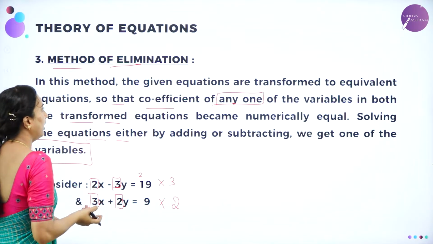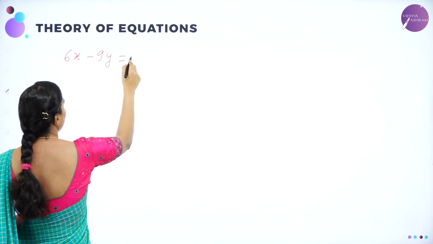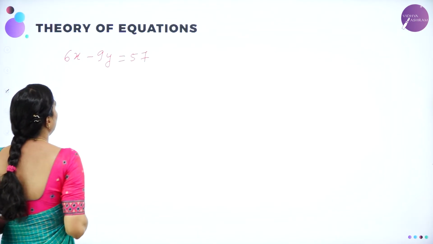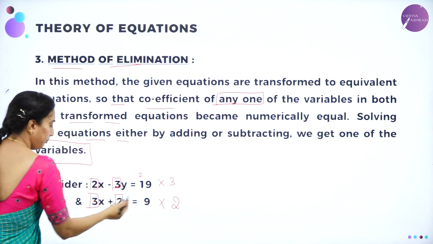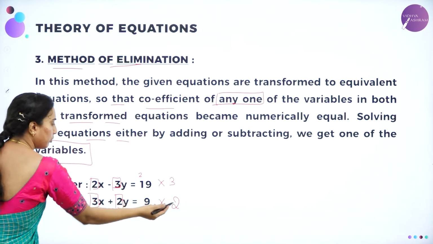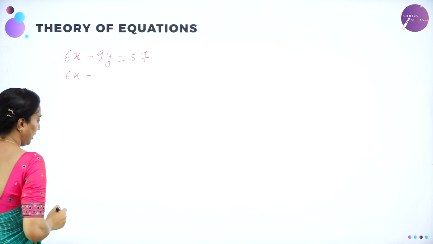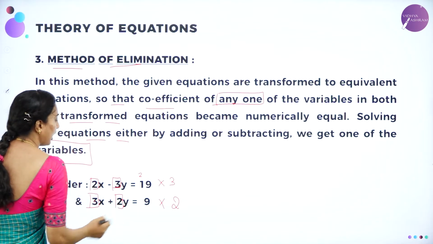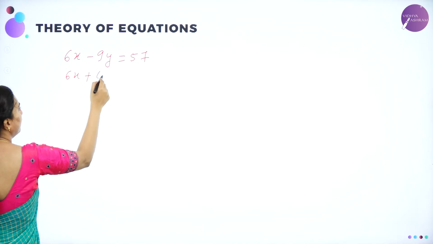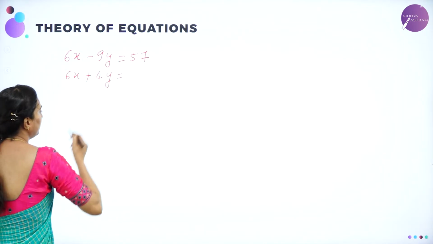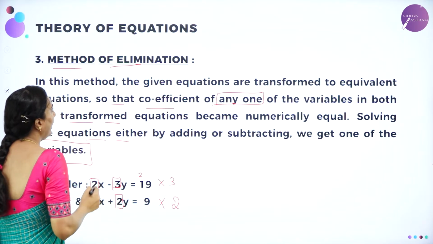Therefore, you can have, which will be equal to 57. Again, see, 2 will be multiplied to the second equation. 3 2s are 6x. 6x. Again, you are having plus 2 2s are 4, plus 4y is equal to 9 2s are 18.